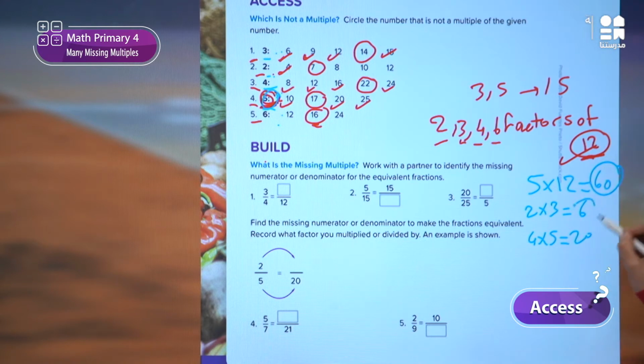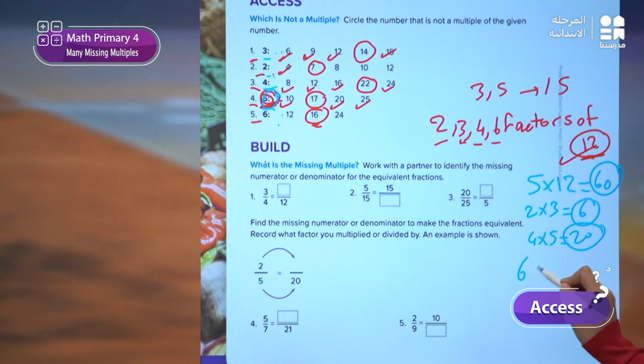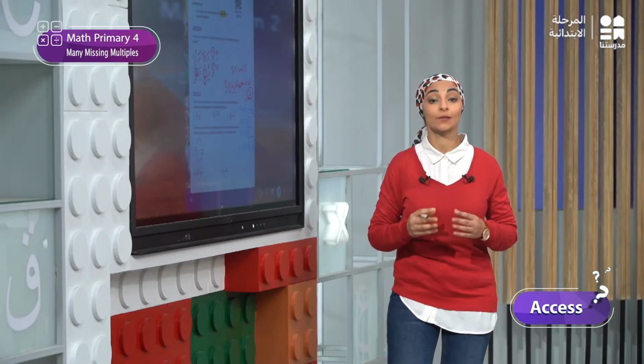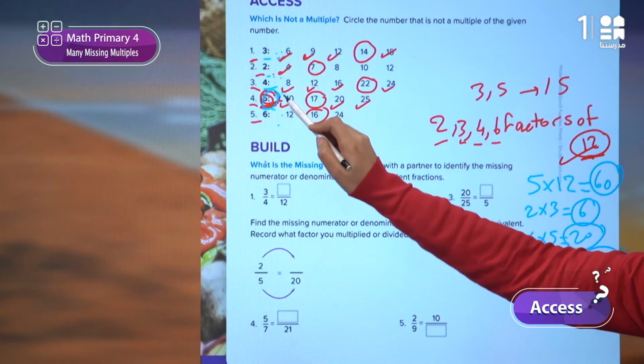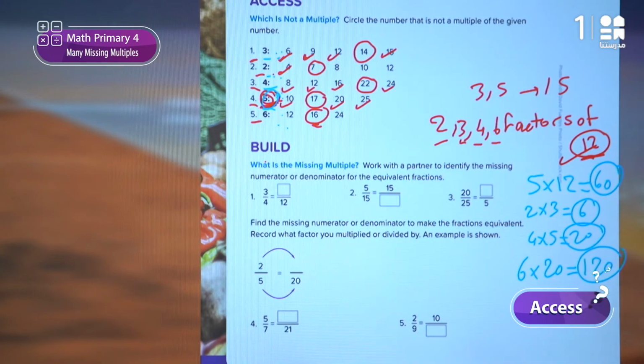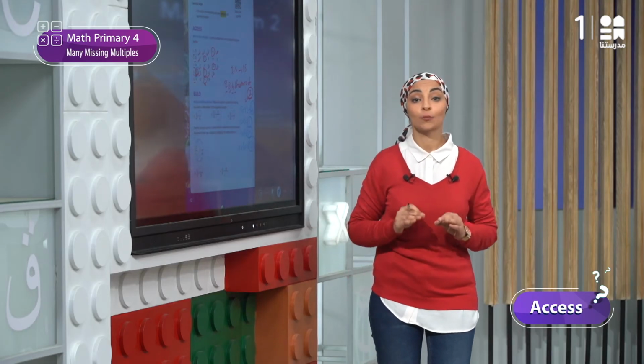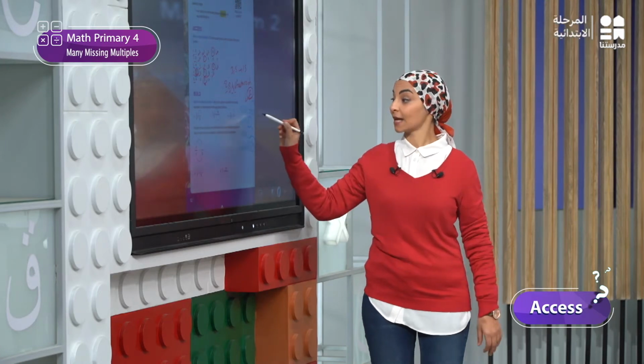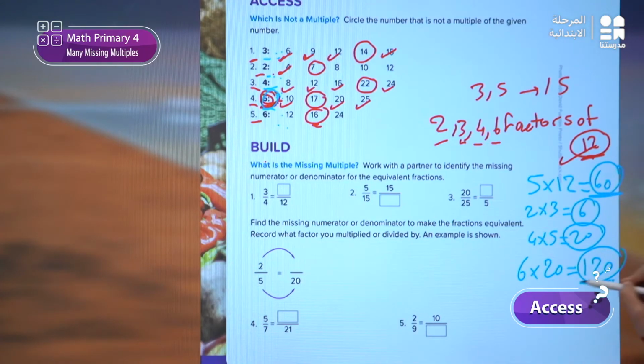Now if we do 6 times 20, it equals 120. Right? 120 I will also find is a multiple of all the 5 numbers. So we could find many multiples of the 5 numbers, if we found multiples of 60, like number 60 and like number 120.